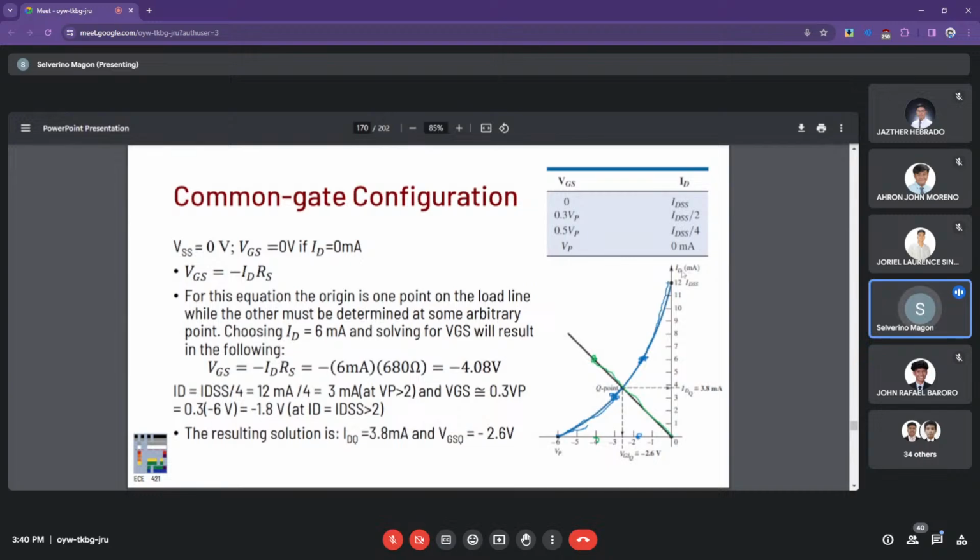While at 3 milliamps, VGS becomes negative 2.6. Oh, sorry, VGS becomes negative.